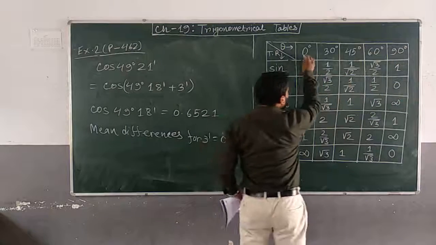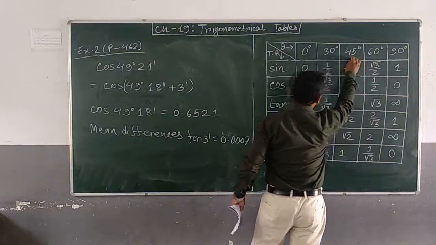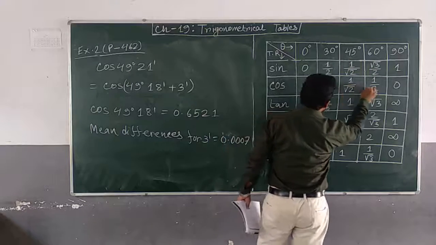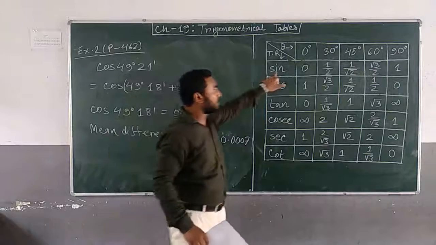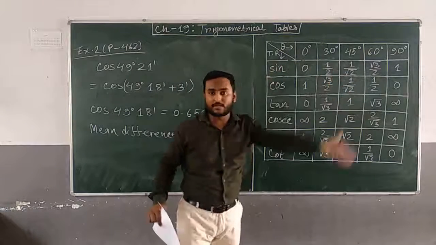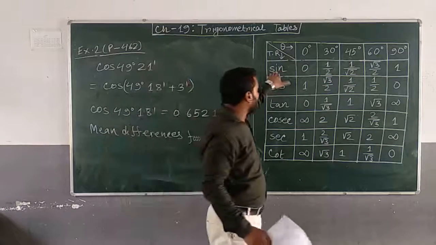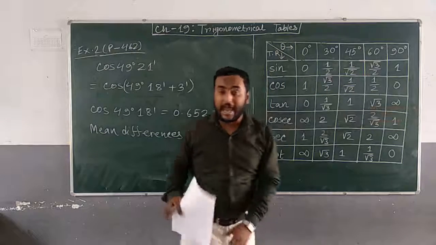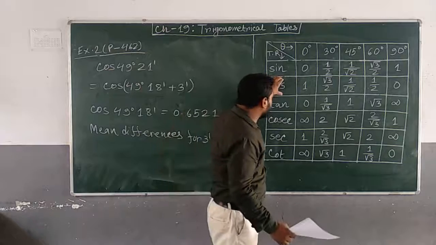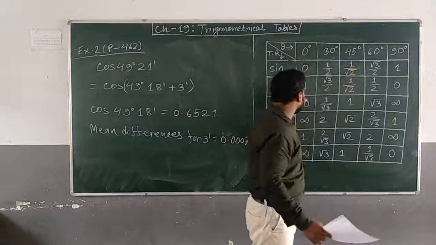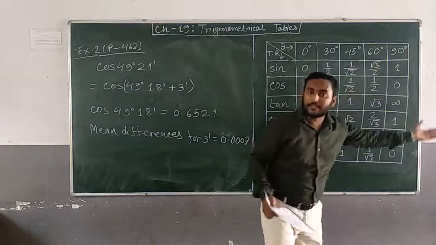As the angle is increasing, the value of cos theta is decreasing. This is the reverse of sin theta. In case of sin theta, when the angle was increasing, the value of sin theta was also increasing. That's why we have added them. But in this case, cos theta, when the angle is increasing, the value of cos theta is decreasing.